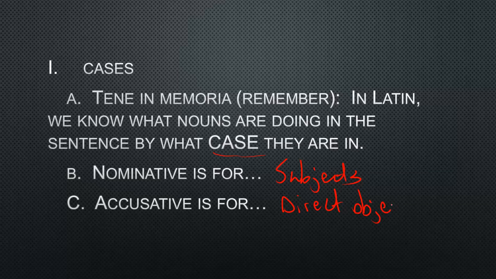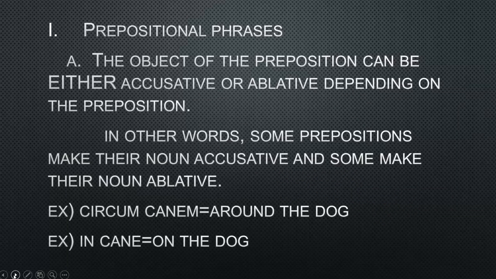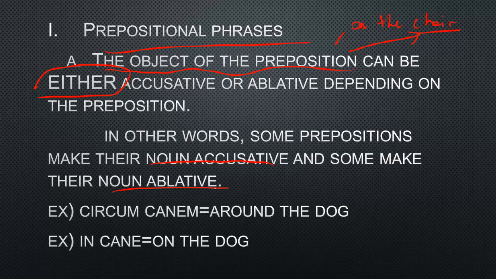And this we already know, and we have endings for each family in both cases. Well, prepositional phrases, we're going to have an option. The object of the preposition, such as when we saw on the chair, that means that the word chair, the object of the preposition, can be either, this is key, accusative or ablative, and that depends on the preposition. So some prepositions use accusative and some use ablative.